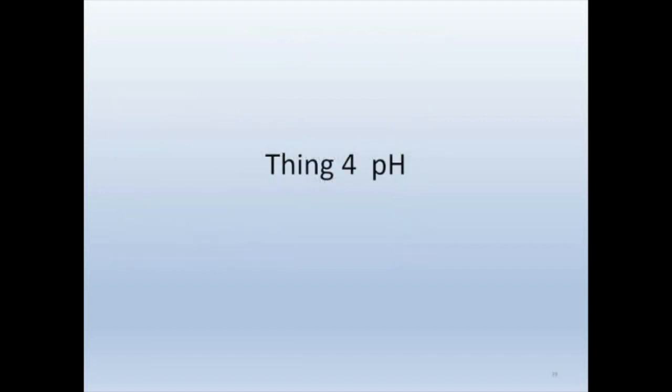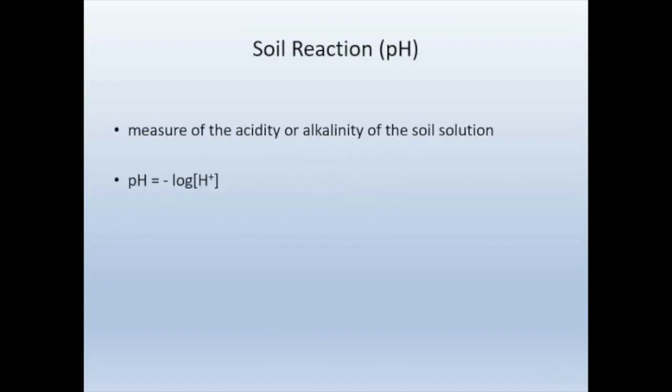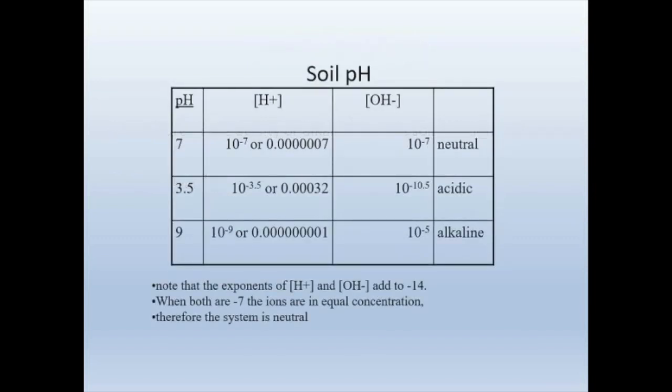Next thing is a chemical property, pH. Scientifically, it's the negative log of the hydrogen ion concentration. We're measuring the acidity or alkalinity. Our pH scale, 7 is neutral. Below 7, we're acidic.